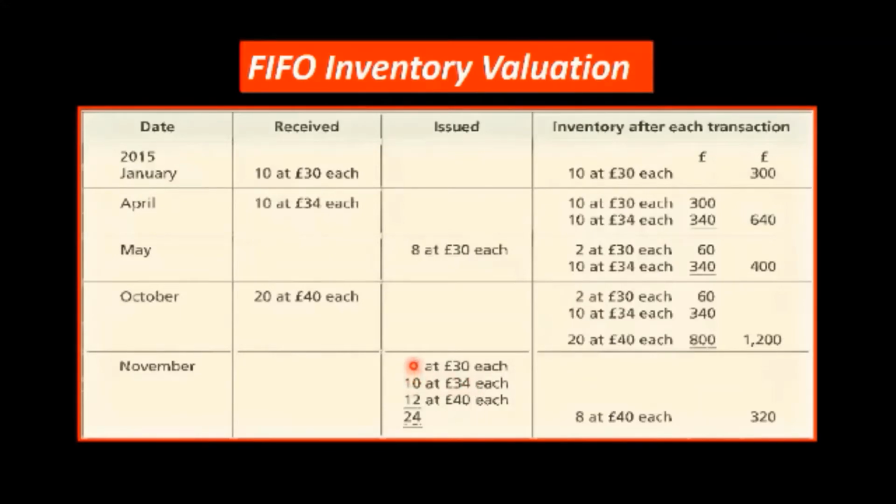So we have to get 12 more to make 24 from this 20 here. Okay, so we sell 12 at 40, 24. So out of what we had here, 8 will remain from this 20. Okay, 8 at 40, and that will give us $320. So our closing stock at the end of business using the FIFO method would be valued at $320.